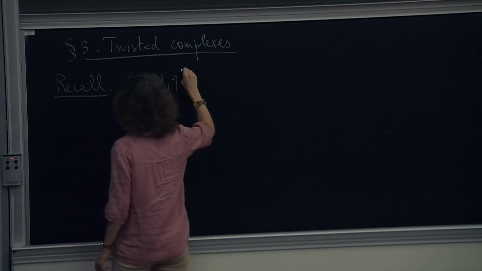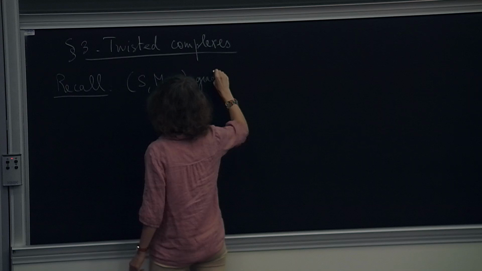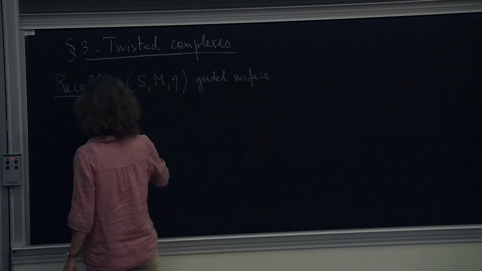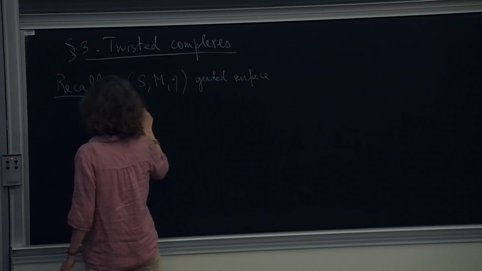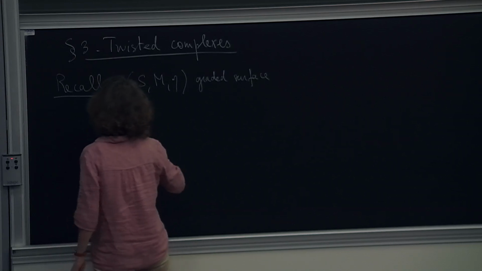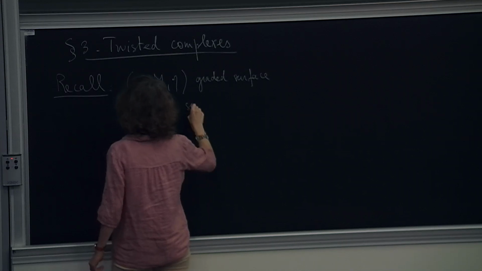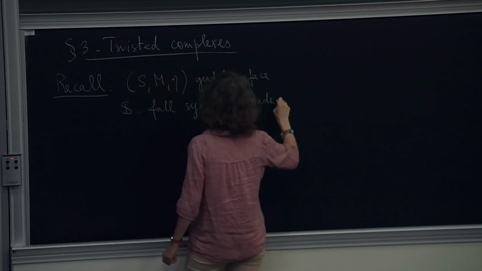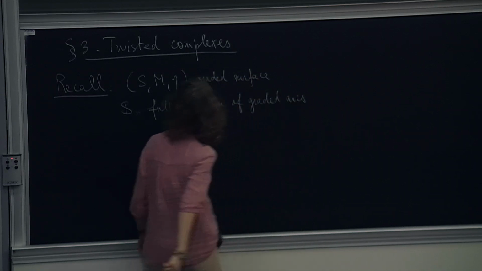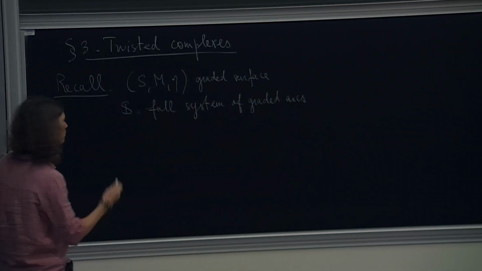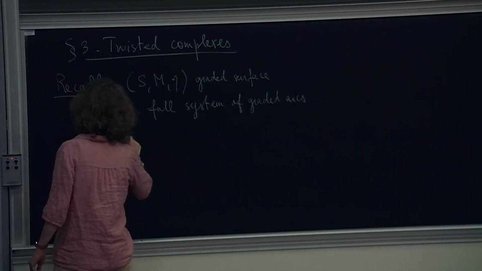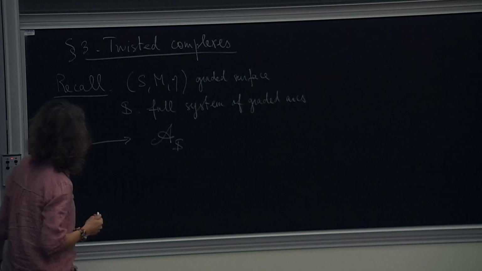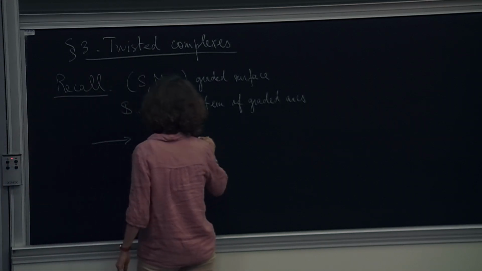Sm eta, a graded surface, and S, a full system of graded arcs on this surface, and from this data we can construct an A infinity category, curly AS.